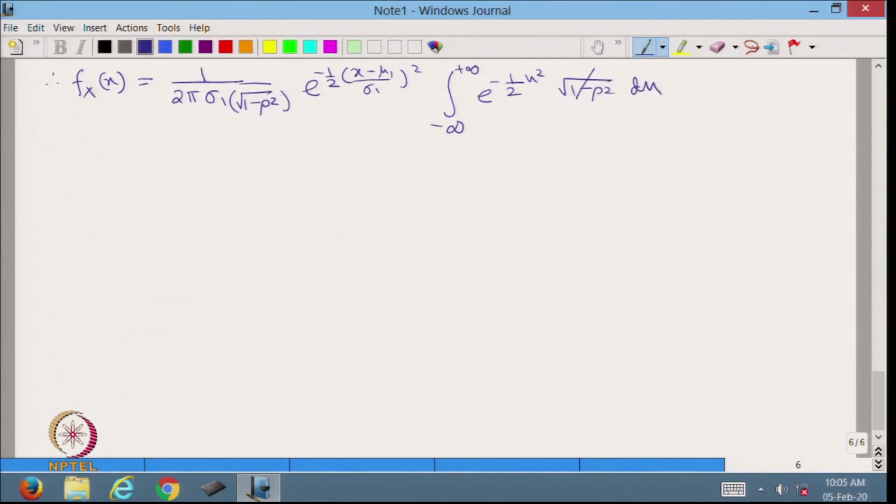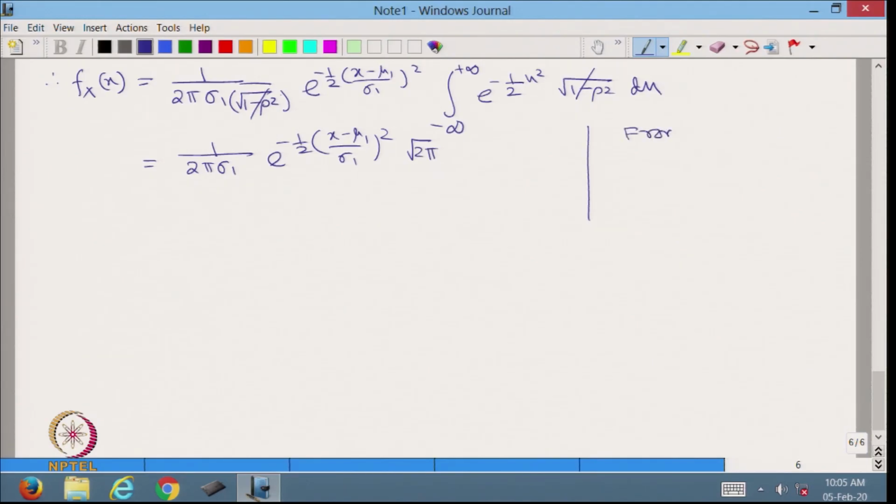Now, we cancel this, therefore, this is coming out to be 1 over 2 pi sigma 1 e to the power minus half x minus mu 1 upon sigma 1 whole square, and this integration is equal to root over 2 pi.